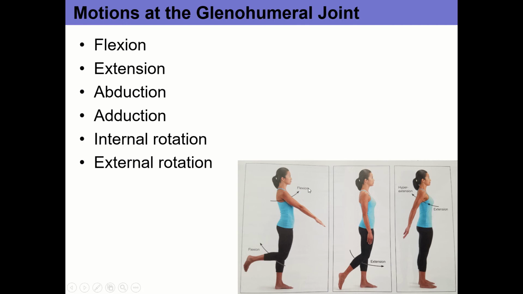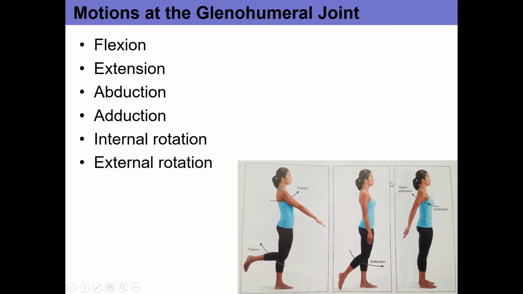And you can see here, taken from one of the anatomy texts I use, might be this textbook, or it might be another. I don't remember where I got this one. But anyway, coming from anatomical position, although her hand is flipped over, she's in pronation, but bringing her arm straight forward, that's glenohumeral flexion. And then if we go the other way, returning from flexion back to anatomical position, that's extension.